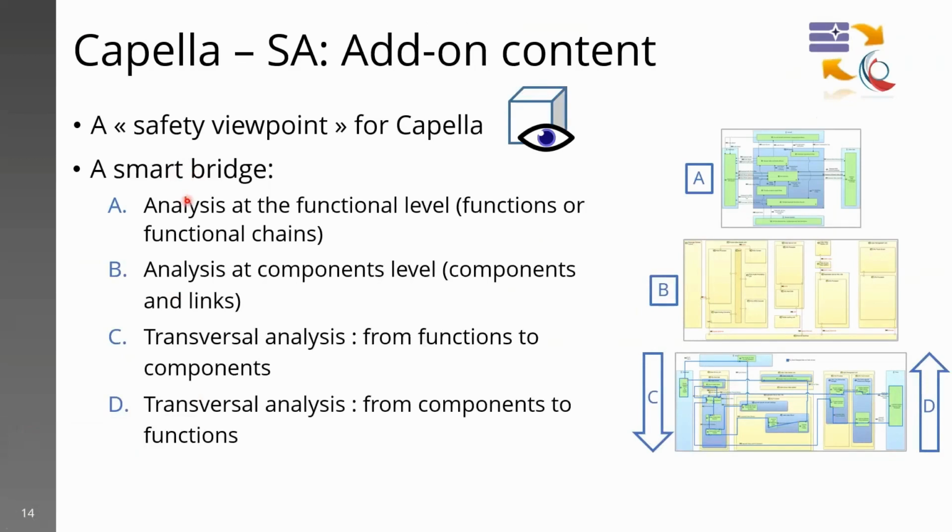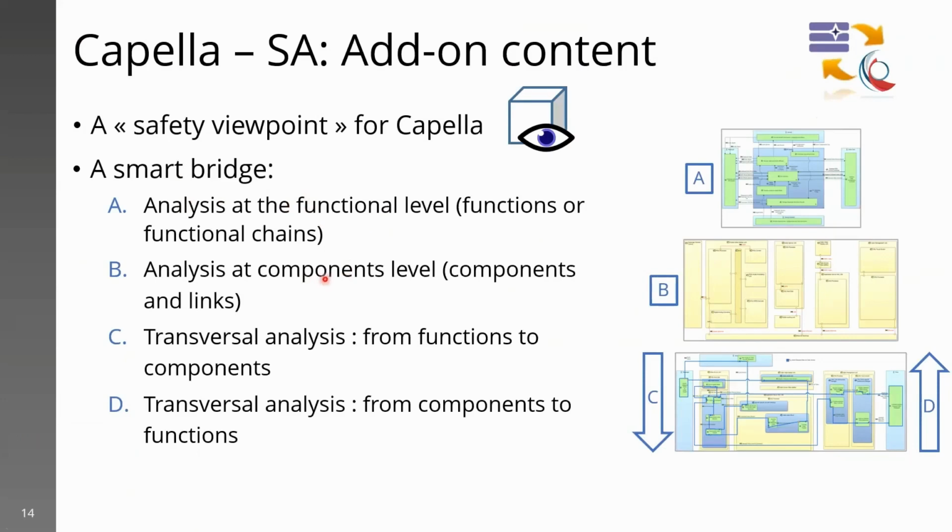So different scopes of analysis can be chosen depending on the user needs and the type of data to be exported. For instance, it is possible to select a function, and if we select this scope, all the related functional elements will be automatically selected by the scope. We have the same behavior for the components.